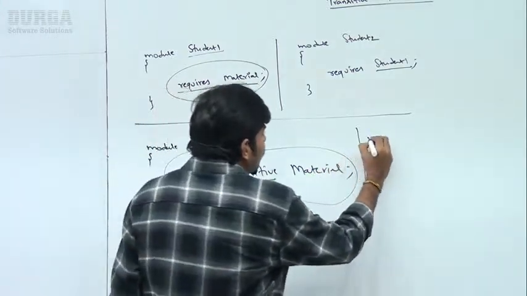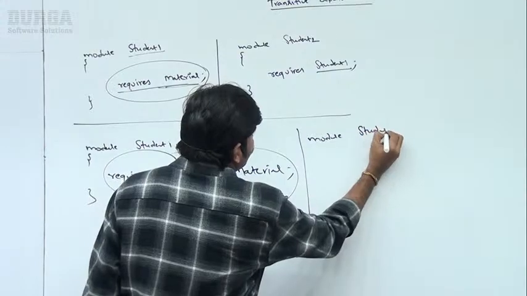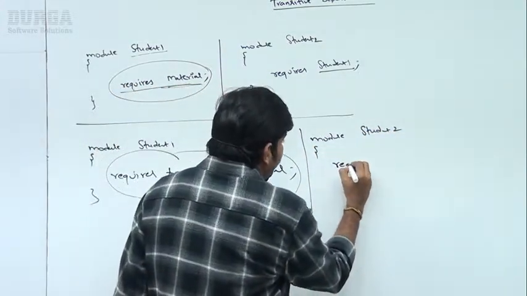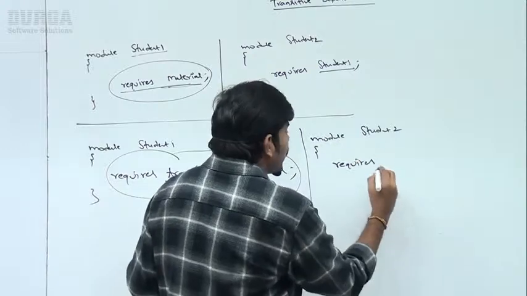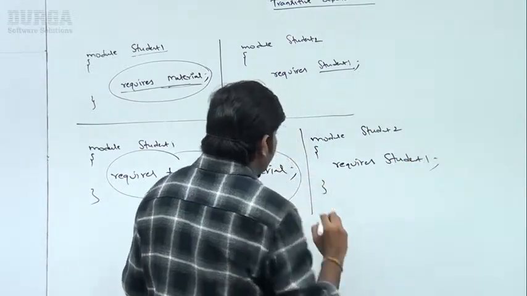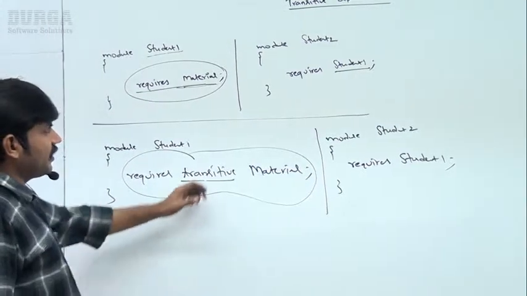Now, here observe, module student 2 I am taking. Now, requires student 1. Observe a bit carefully, sir. Now take a bit special care.